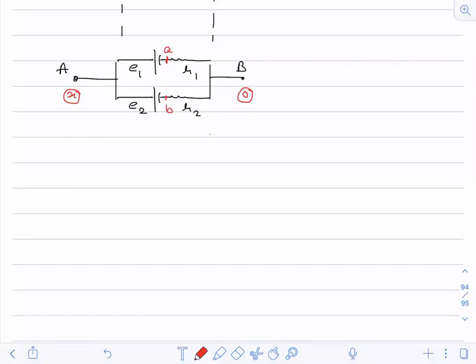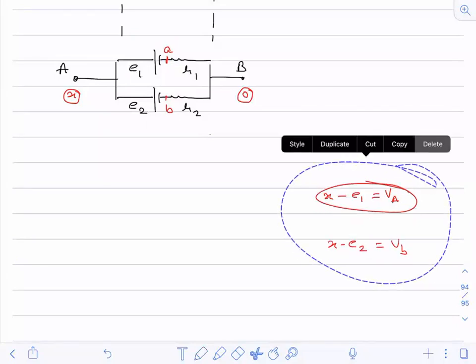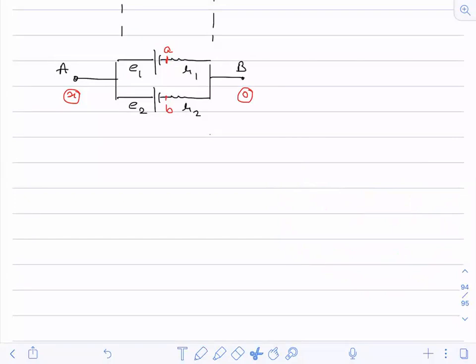So X minus E1 is equal to Va. The potential of that point will be X minus E1. For point b, you will write X minus E2. This is how you are going to write, no? We have done questions on this. Do you understand now?